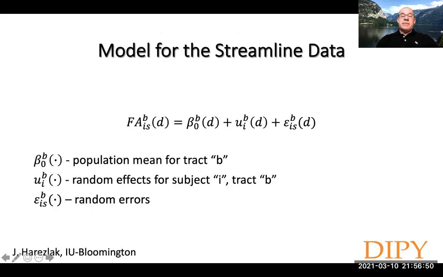We might have this beta 0, which is a population mean for track B. And then for each subject, we might have this U_IB, the random effects for subject I, bundle B. And then data that we collect on streamlines will be away from both the population mean at disk D, but also from the subject mean at disk D, because we still have hundreds or thousands of streamlines that we're analyzing.